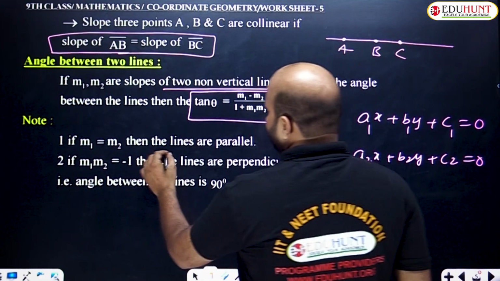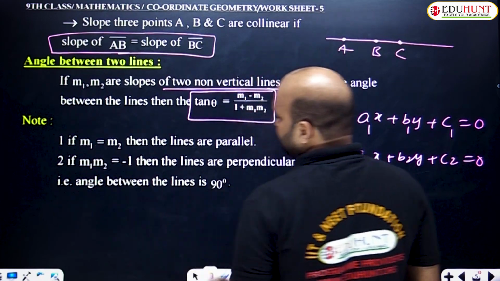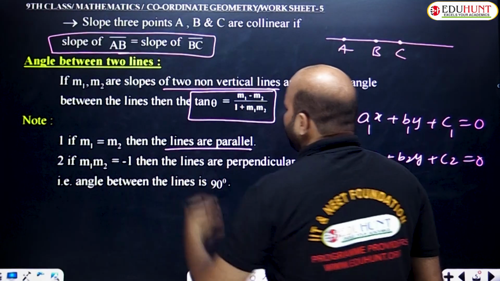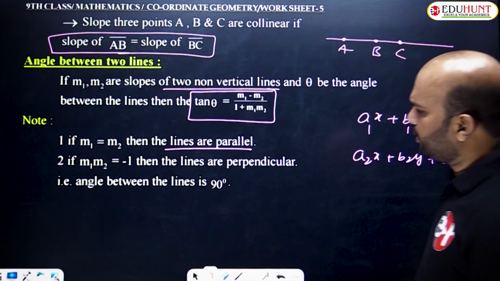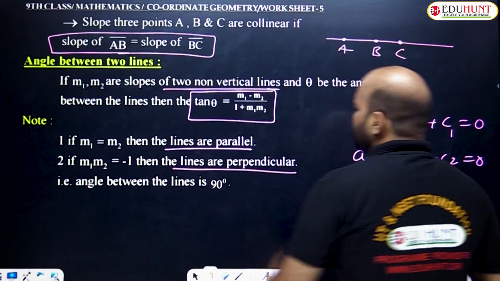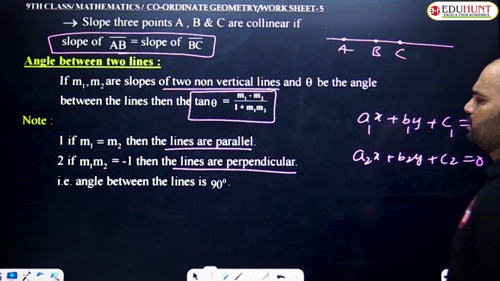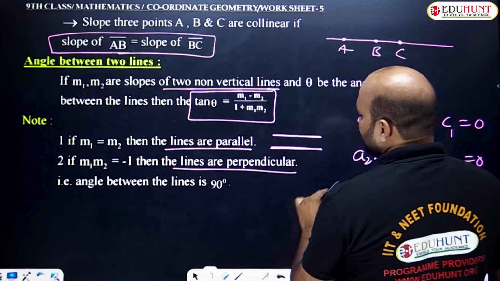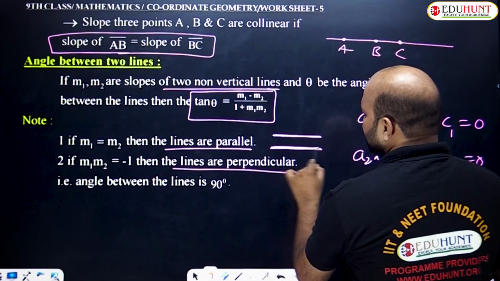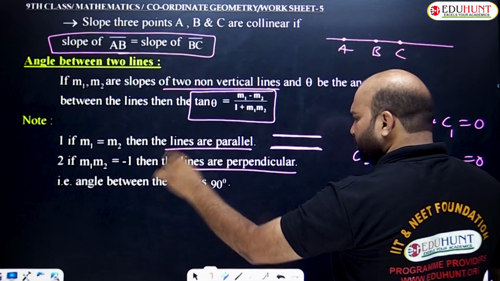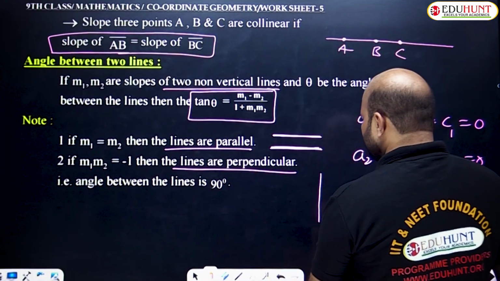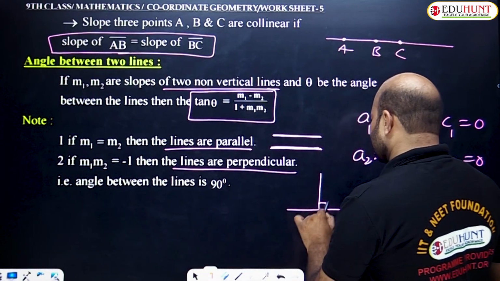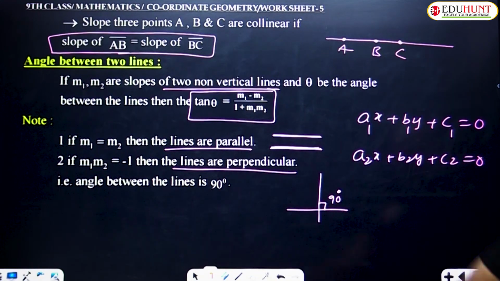If m1 equals m2, that is, the slopes of the two lines are equal, the lines are parallel. If m1 into m2 equals minus 1, the lines are perpendicular. Am I clear? That means the angle between the two lines equals 90 degrees. This is also a very important note.